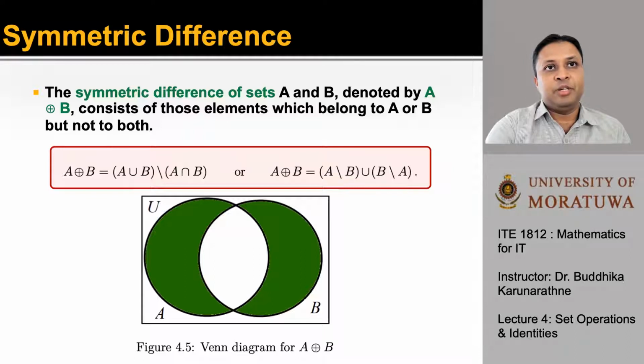In the Venn diagram, you can see you have two sets A and B, which are not disjoint, and they have elements in common, but the symmetric difference refers to anything that is not common to A and B. That's denoted in the Venn diagram given in figure 4.5.